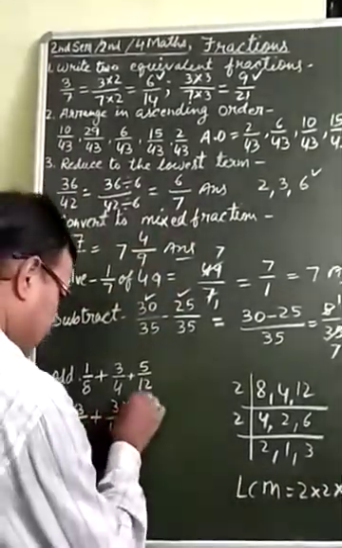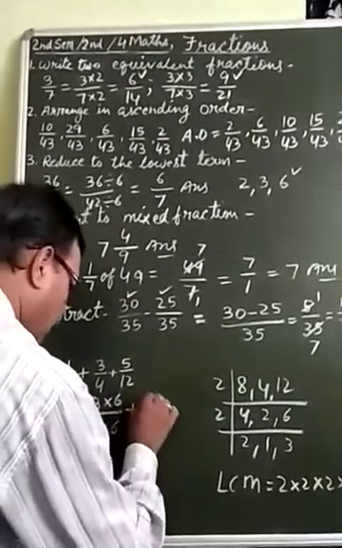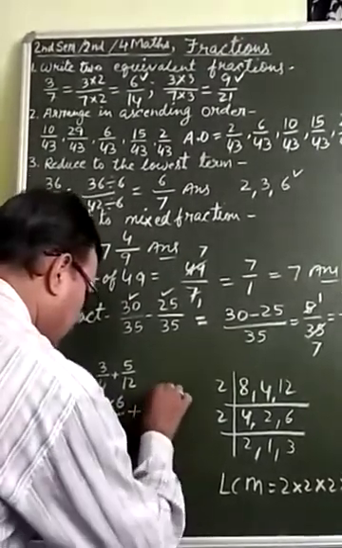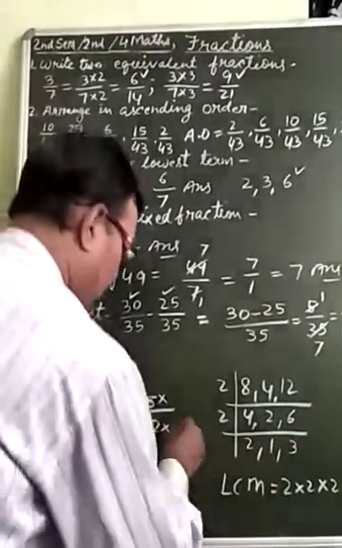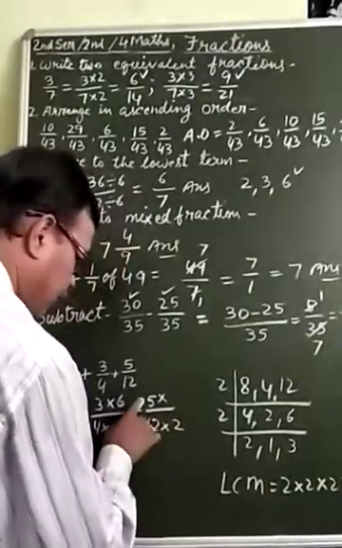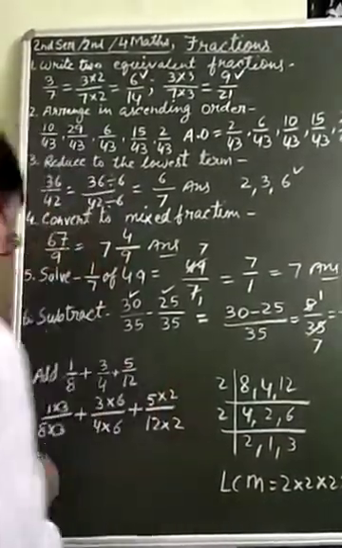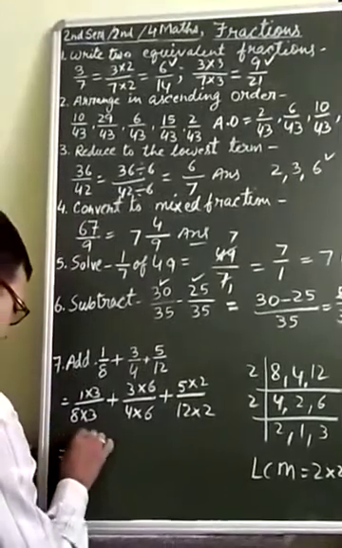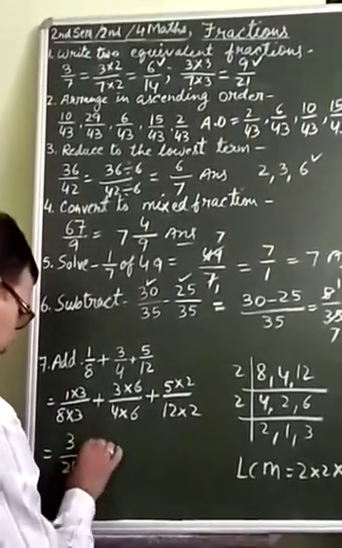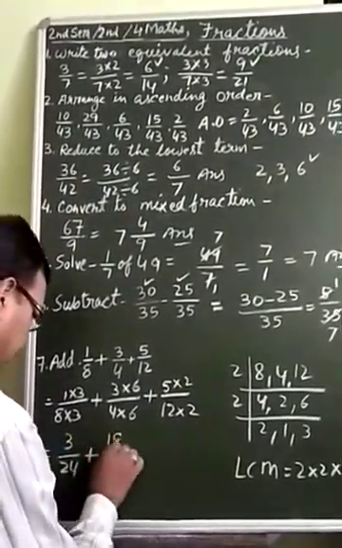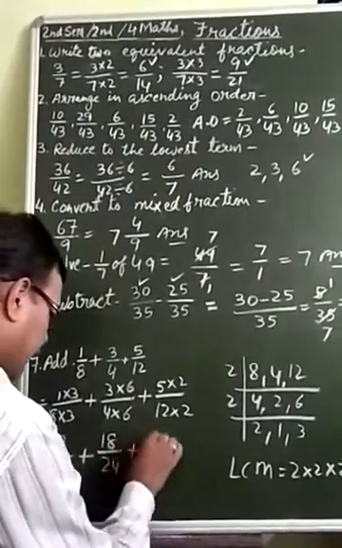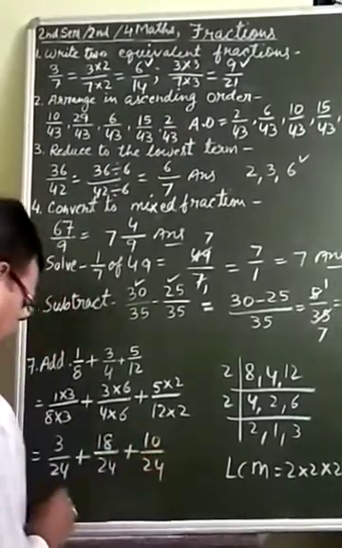Now 3 will be also multiplied by 6. 5 by 12. 12 will be multiplied by 2 to get 24. Therefore 5 will be also multiplied by 2. We are getting 3 by 24 plus 18 by 24 plus 10 by 24.